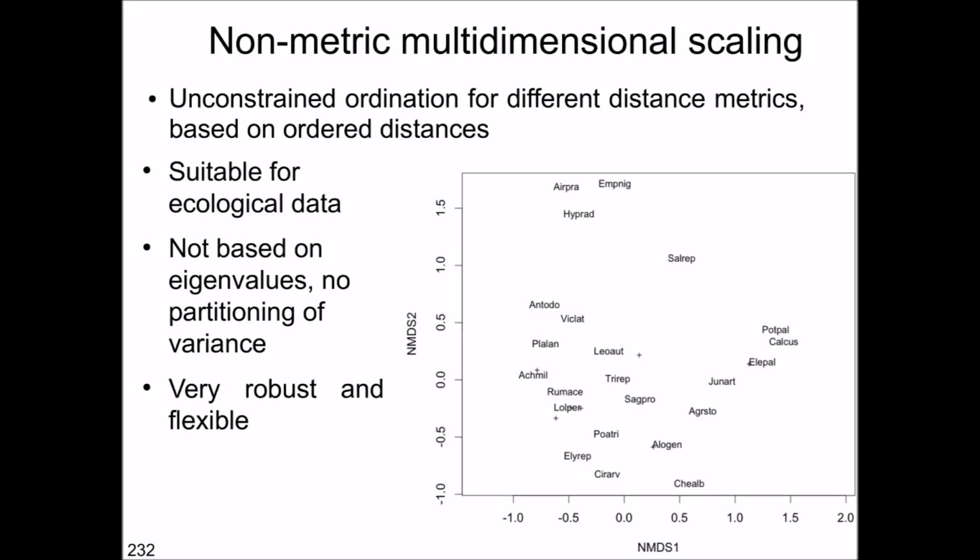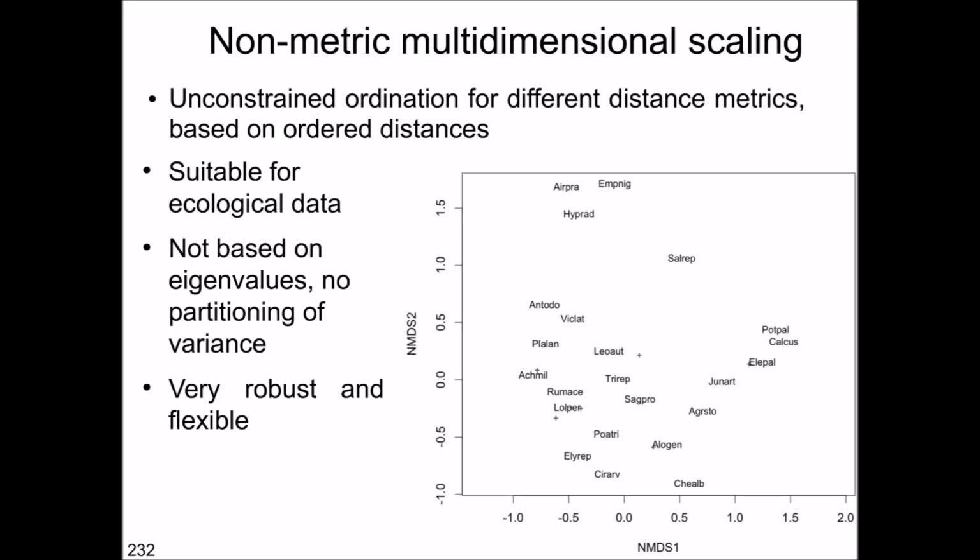It is the non-metric version of multidimensional scaling. Multidimensional scaling is also called principal coordinate analysis, and principal coordinate analysis preserves the original distances between objects, whereas in the non-metric case that we use here, we only preserve the ordered distances. What does ordered mean?